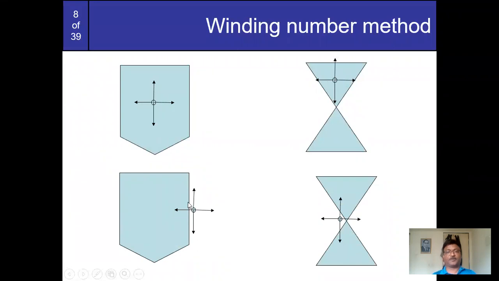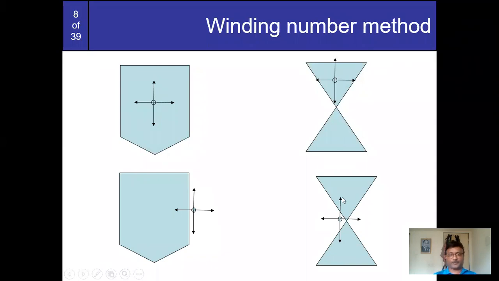Now see this another figure. This is my inside case, so I can check the outside. Suppose this is my point and I am going to draw with x plus, y plus, x minus, y minus. Only x minus is going to intersect this edge of the polygon. The remaining do not. So you can say this point is outside the polygon.